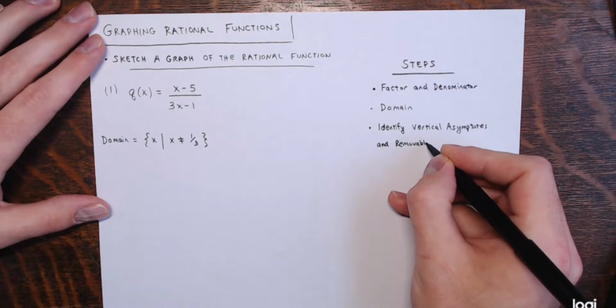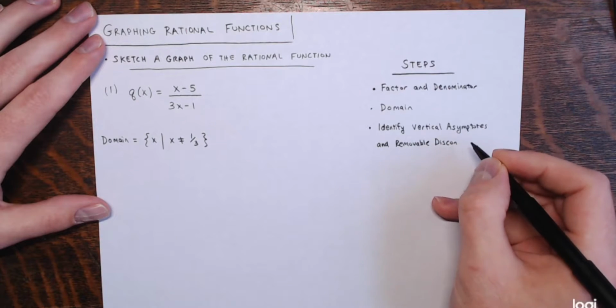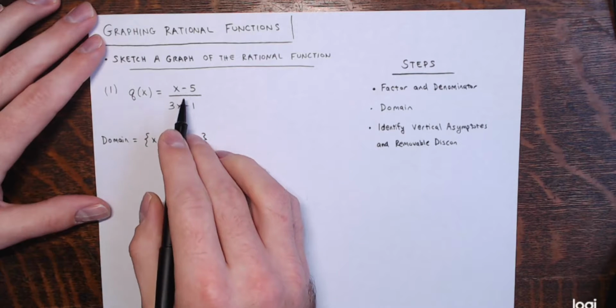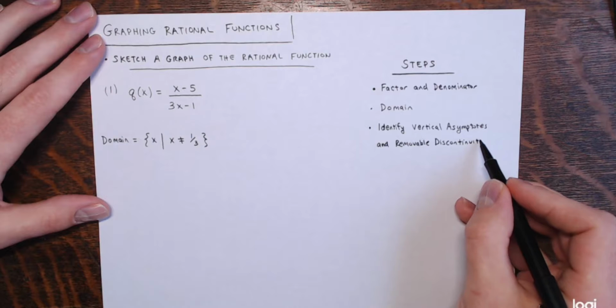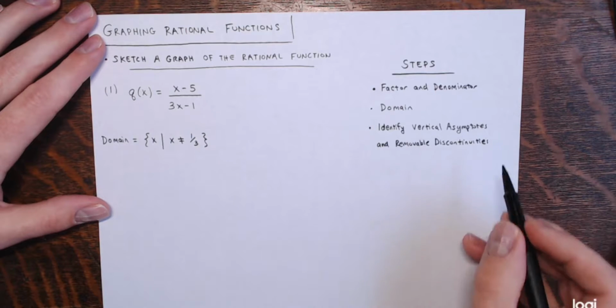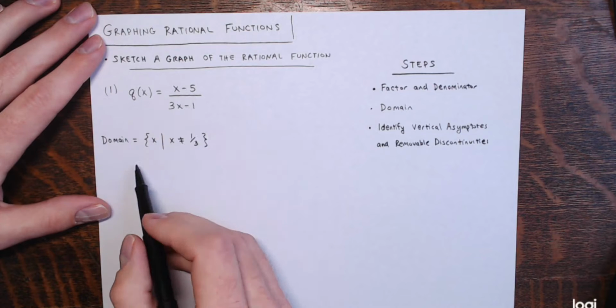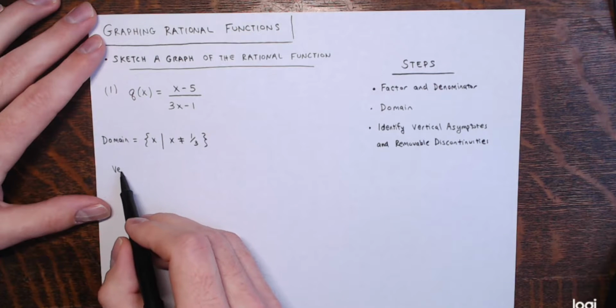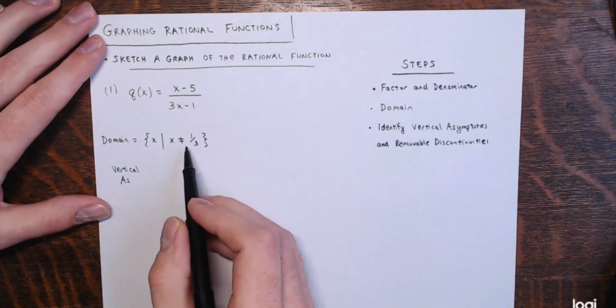Remember, these removable discontinuities are just holes in the graph, but for this particular one, since the fraction doesn't simplify any further, there won't be any holes in the graph. There's just going to be a vertical asymptote. So I see here the fraction's already simplified. This is going to have a vertical asymptote at x equals 1/3.